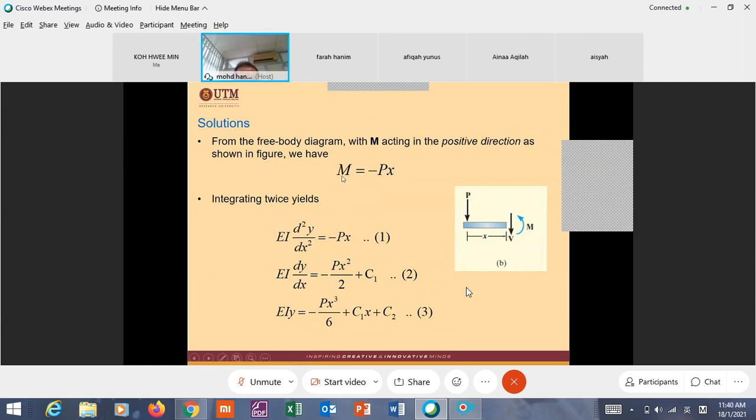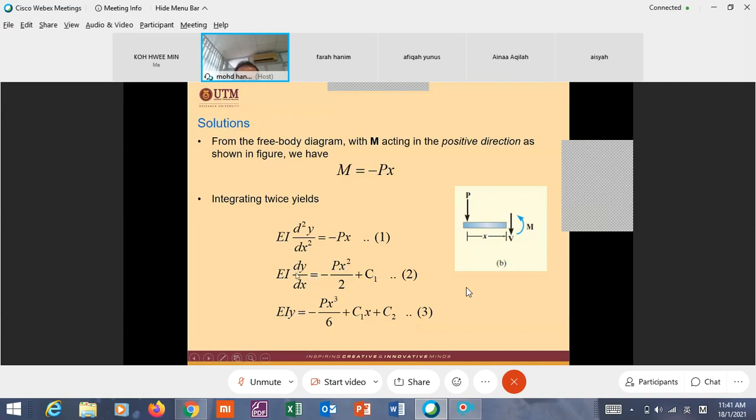And integrating this moment, because we know that EI d squared y over dx squared is equal to M. Therefore, EI d squared y over dx squared equal to minus Px. Integrating with respect to x, you have minus Px squared over 2 plus C1, and integrating again, we have the deflection.